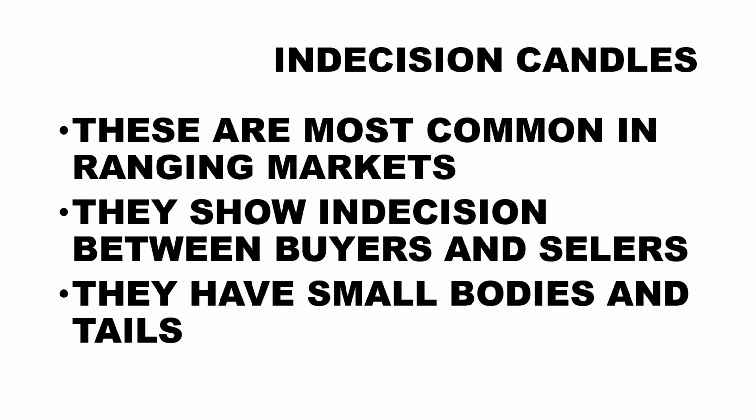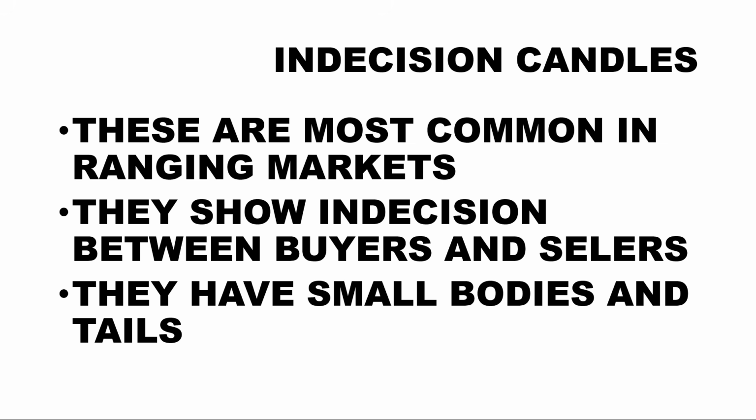So these are the most common in ranging markets. Indecision candles show you that the buyers and the sellers are not really the most active in the market at that specific point in time. So they show indecision between buyers and sellers, and they have small bodies and small tails.